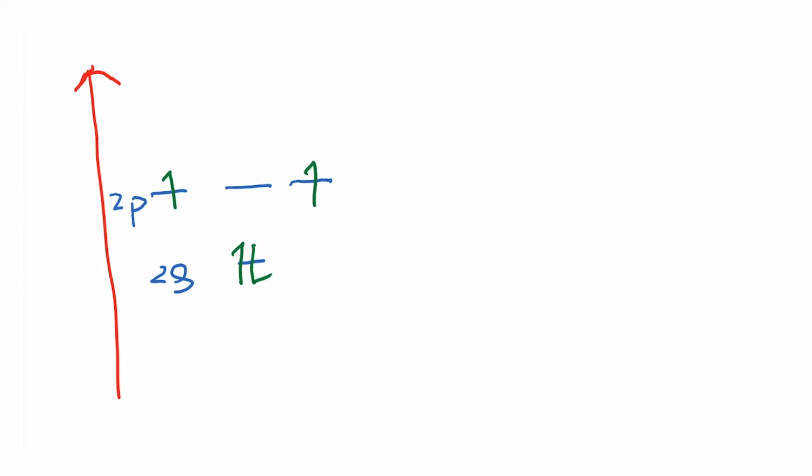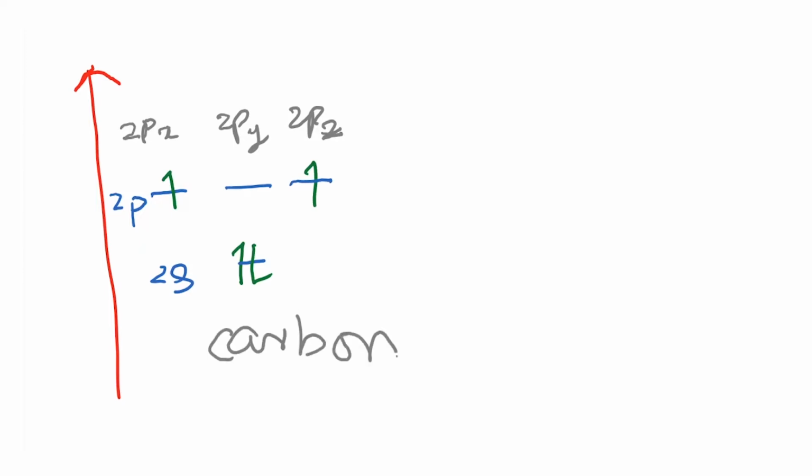And this is, as you know, the 2px, 2py, and 2pz. These are the three p orbitals. Now, for carbon, let's think about what happens when you pump in some energy. When you do that, one of these electrons goes away.